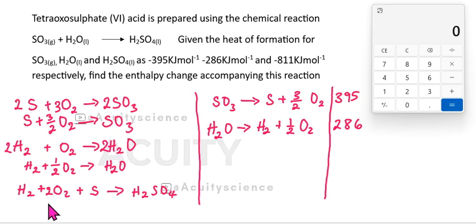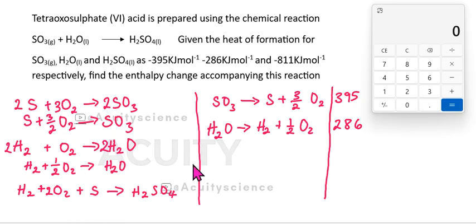So we'll put 2 here, and then oxygen is balanced now. Having balanced oxygen, you see it's already positioned properly. It has 1 mole just like we need, so no need to divide through. And it's at the product side just like we need, so no need to turn it over or flip it.